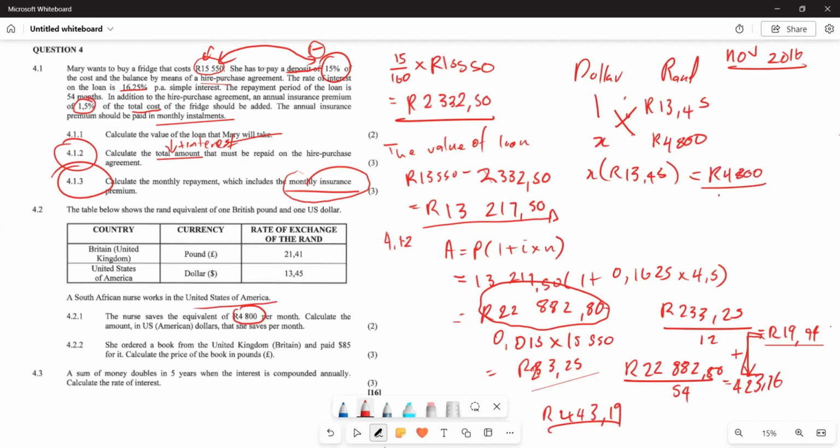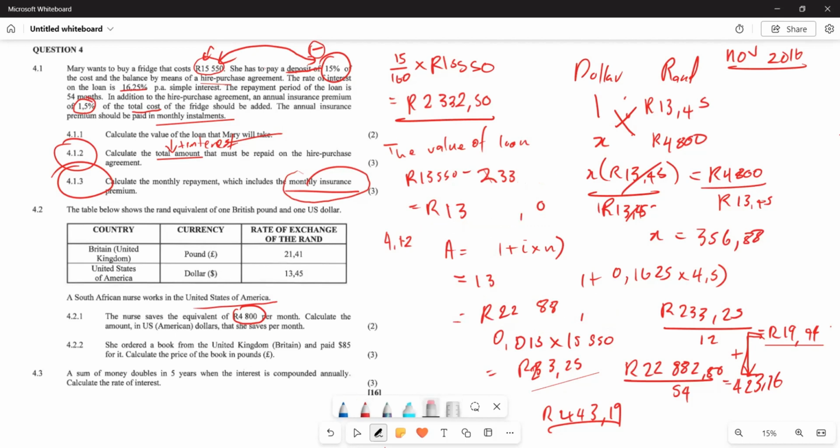And then now you divide by 13.45 this side, divide by 13.45 this side, and then these two cancel, and then the answer that you're going to get now, which means the 4,800 in terms of the US dollar, it's going to be same as 356.88 altogether. Now that is going to be then that particular value.